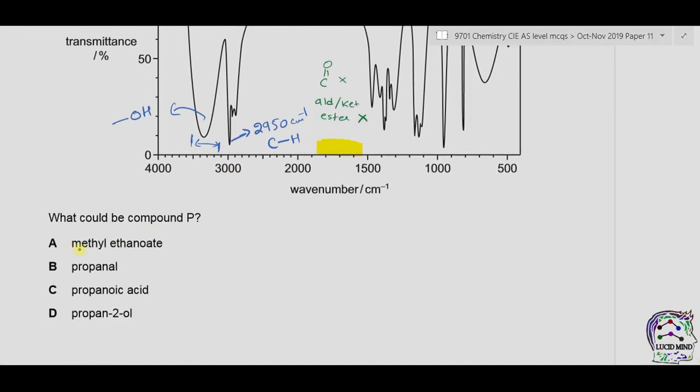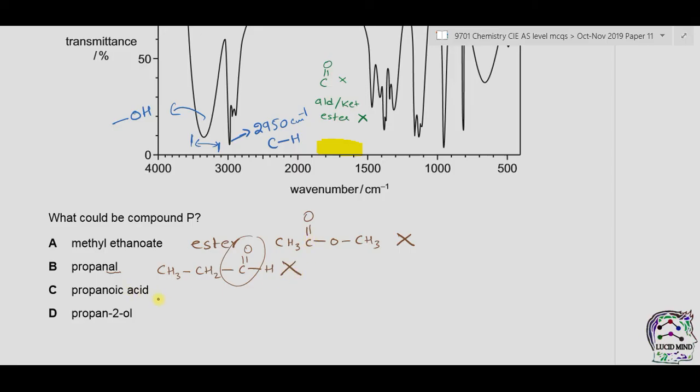Let's look into the options. A is methyl ethanoate, which is an ester. The structure will be like this. As the carbonyl peak is absent, this is incorrect. B is propanal, an aldehyde. Again we have a carbonyl carbon present, so B is incorrect.